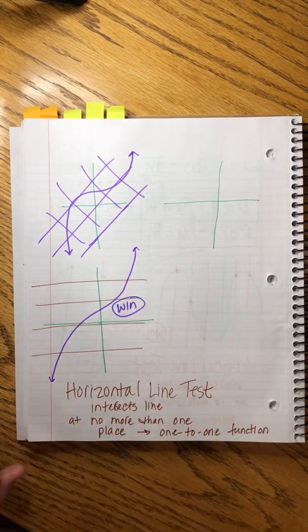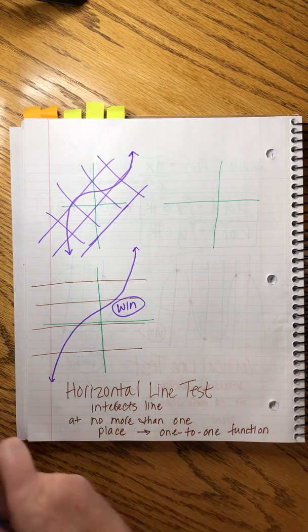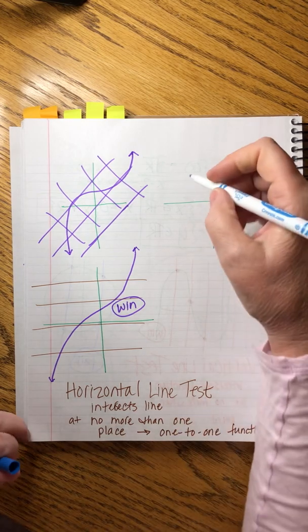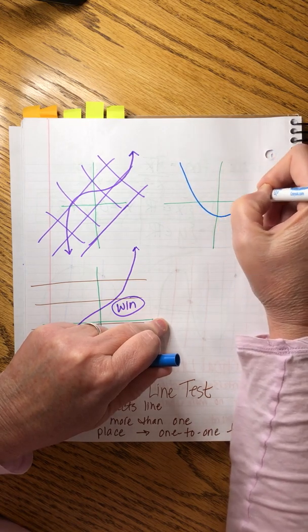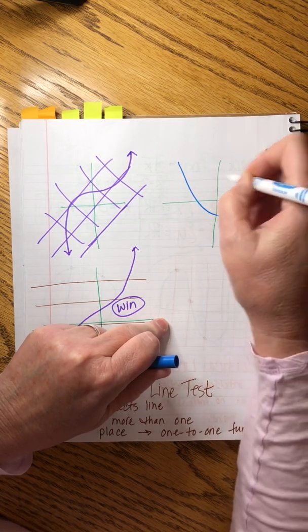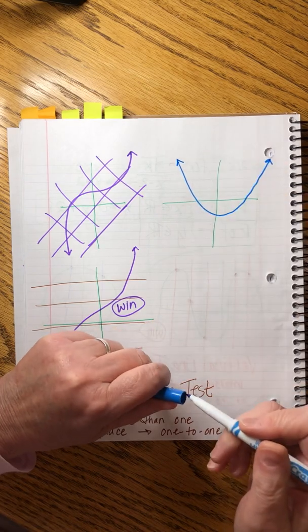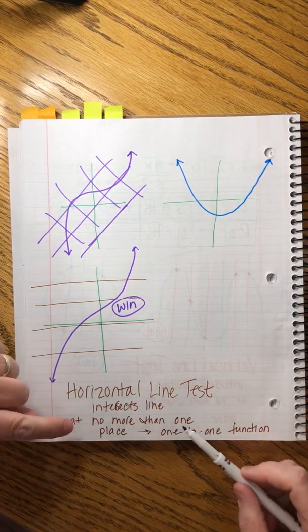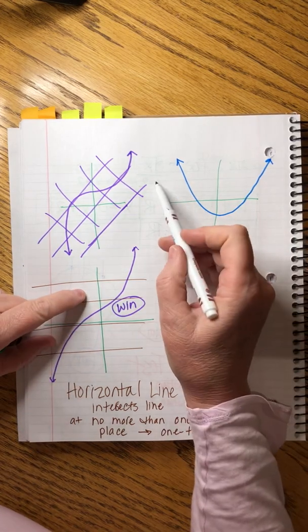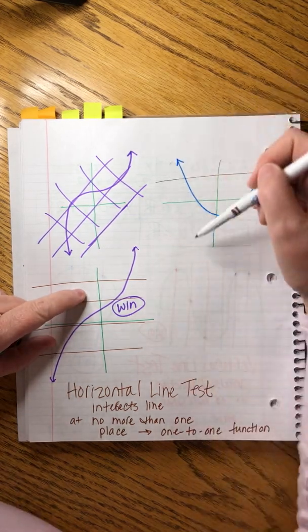And now let's do a fail. I'll draw it up here so this corner doesn't feel. A nice parabola, a little wiggly there. But this one is not a one-to-one function because look, if we go this way, it's fine, if we go this way, right?